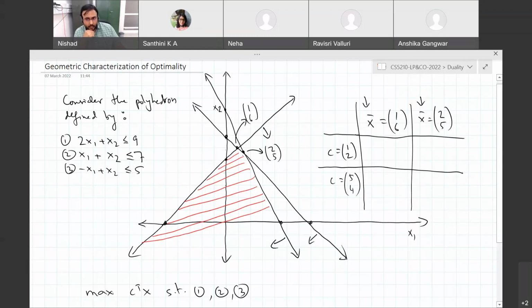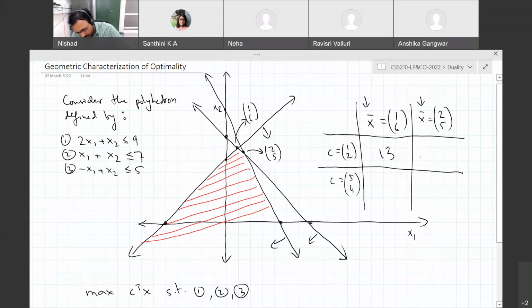So let's look at the first one. So let's look at what this is. Can someone tell me what this quantity is? What is the value of x bar if we choose the objective function as x1 plus 2x2? 13. Okay.